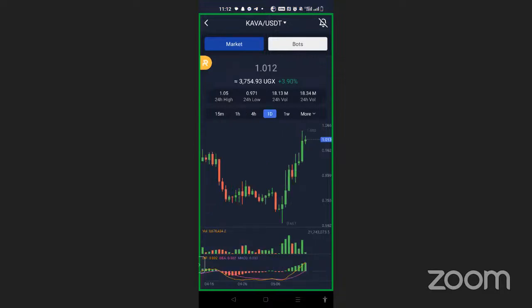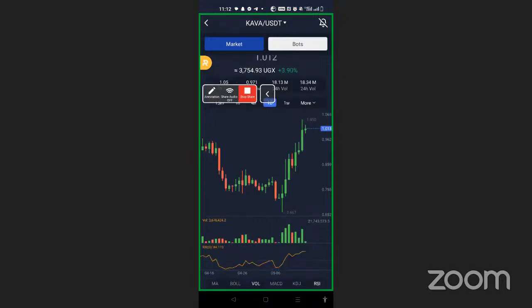Okay, for example, can we see this, guys? Just for the last course, can we see this? Let me remove. You see? This is what I've been talking about. Can we see that those are signs of a pumping coin?